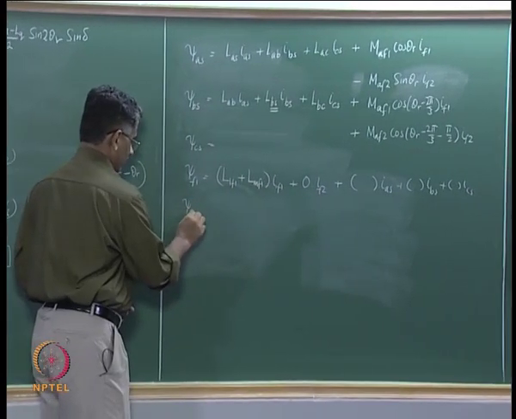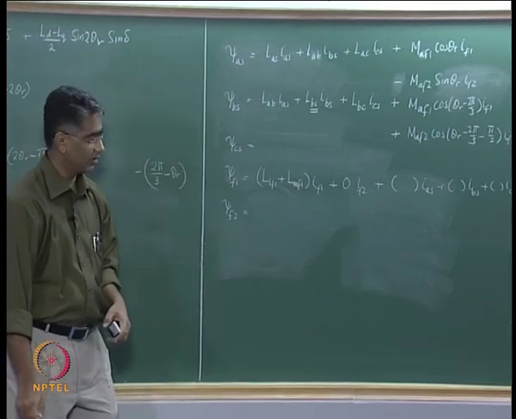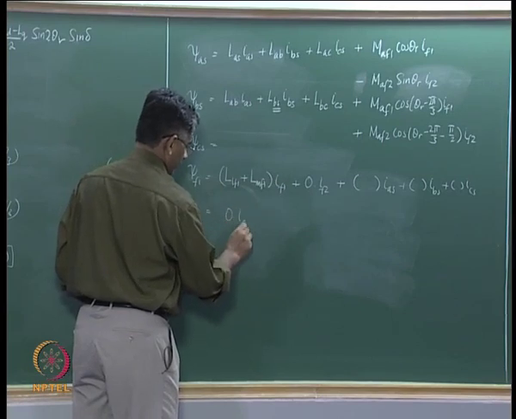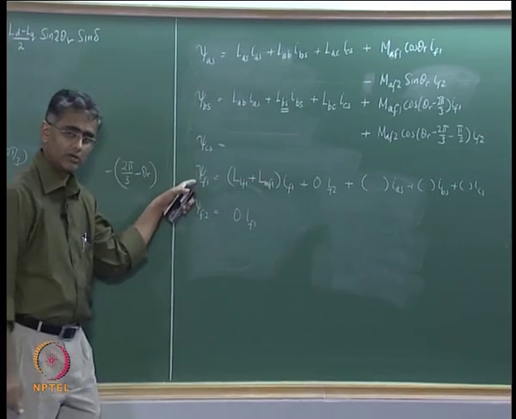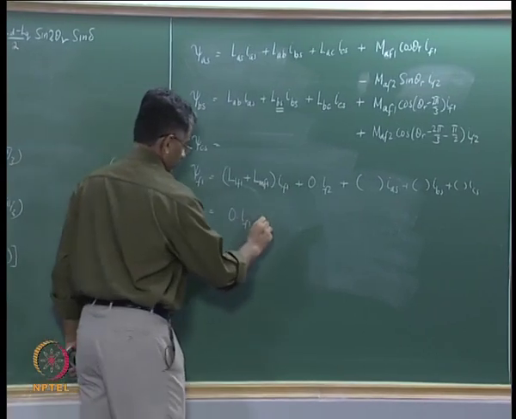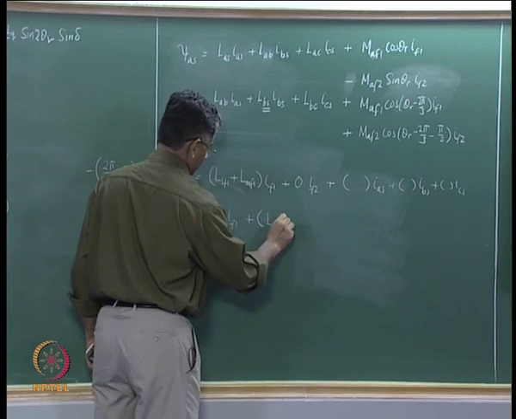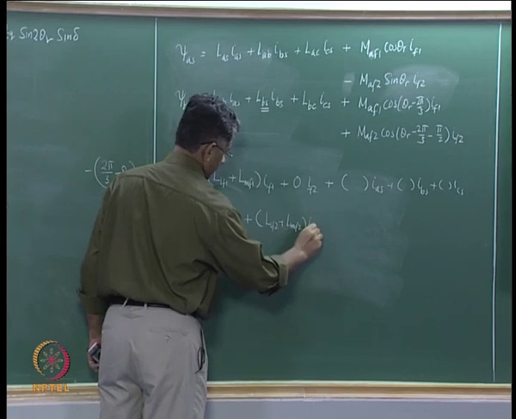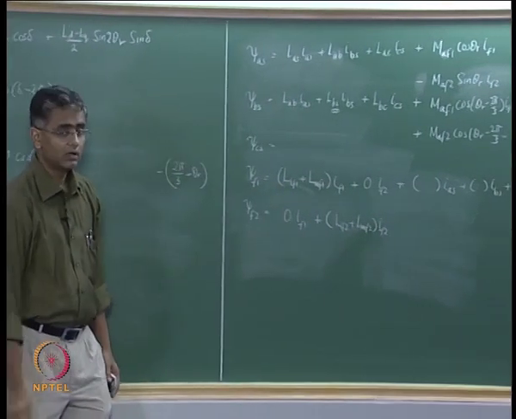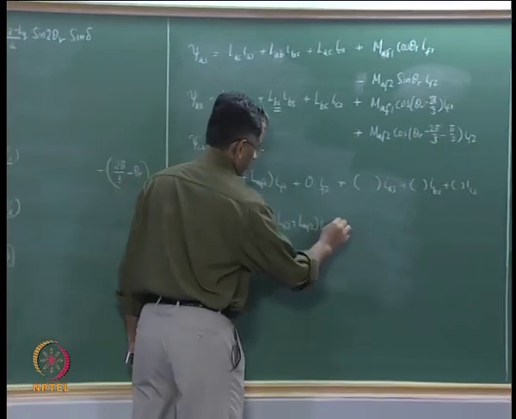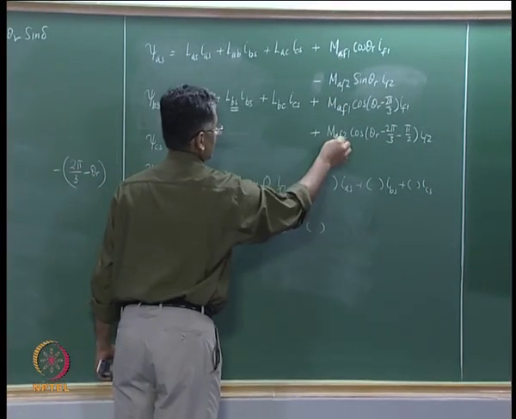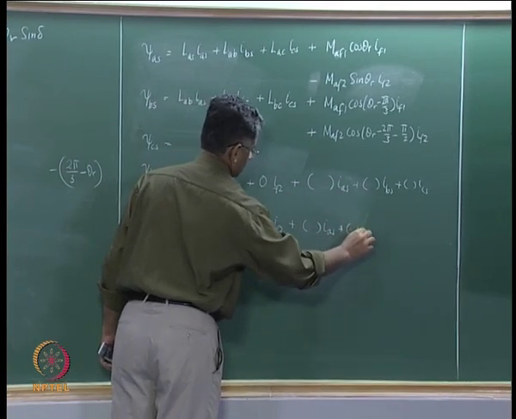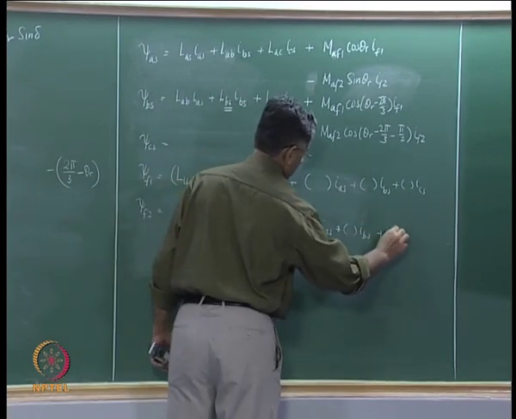If we look at the flux linkage in the second coil of the rotor, you would have no flux linkage due to current in the first coil on the rotor, but there would be a self flux linkage component, which is IF2, and then you would have mutual flux linkage components, similar terms arising due to IAS, IBS and ICS.